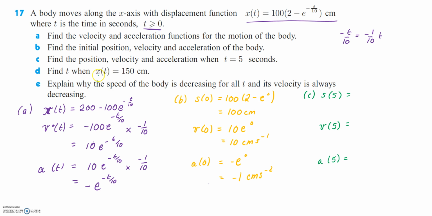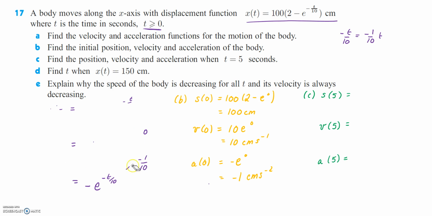Find t when x of t equals 150. So we'll do that one. A little bit of algebra, nothing I think you can't handle. So we've now got 150 equals 100 times 2 take e to the minus t over 10.